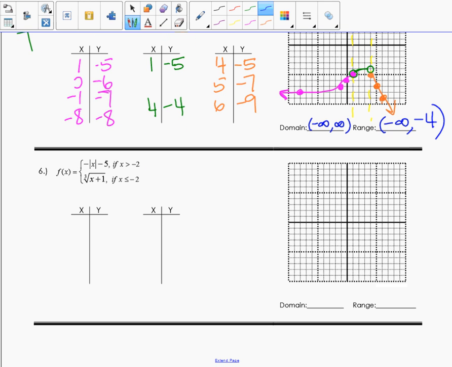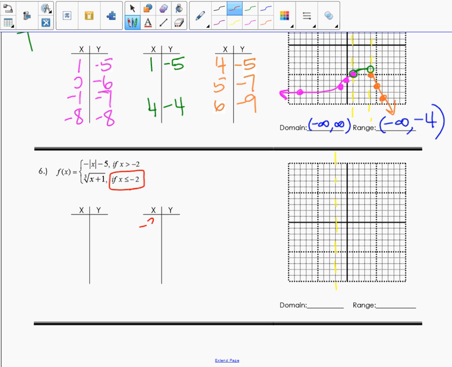And the last one. Okay, so here we have our breaking point at -2. Okay, so now that you have your breaking point set up, we are going to start with our included value first.